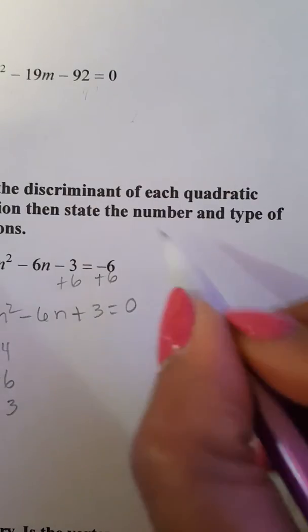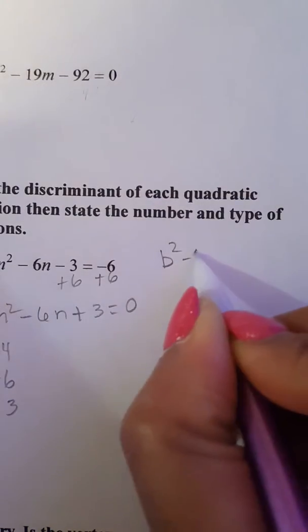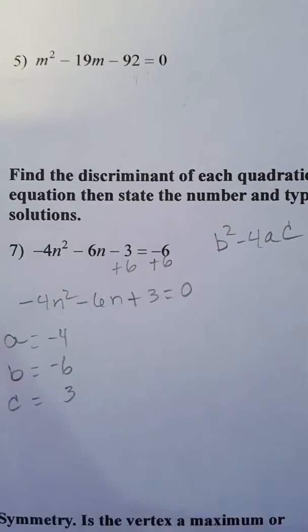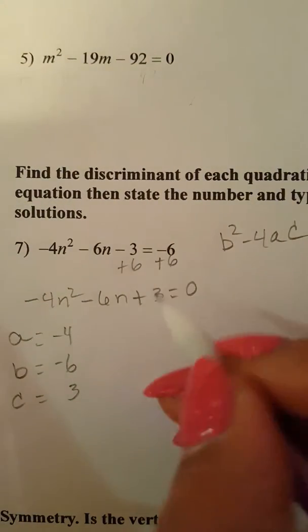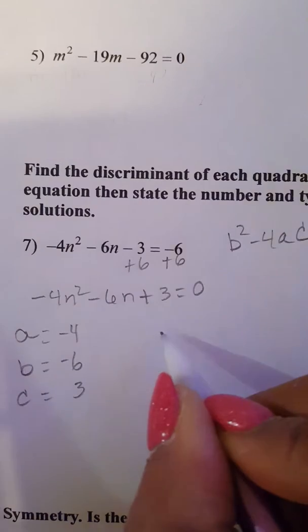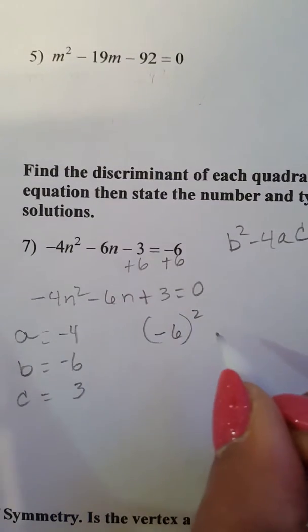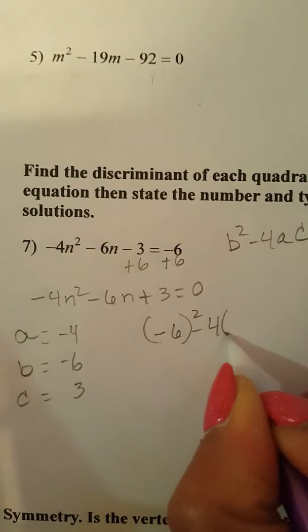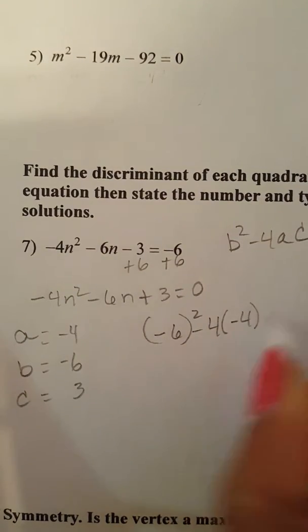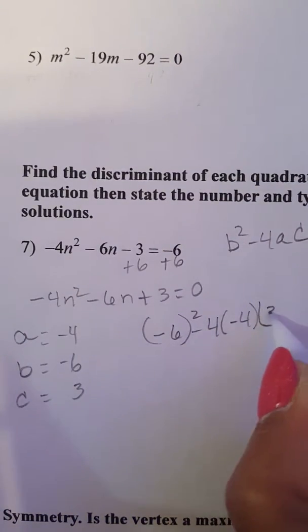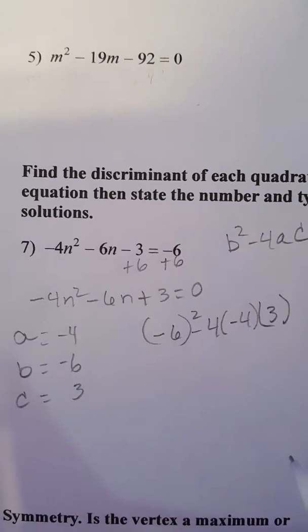Now the discriminant is just B squared minus 4AC. And so we plug in the values for B and A and C. B squared is negative 6 squared minus 4 times A, which is negative 4, times C, which is 3.